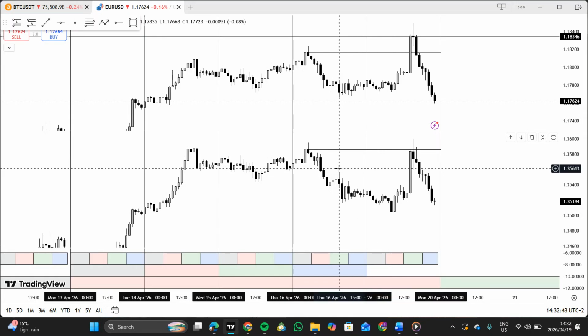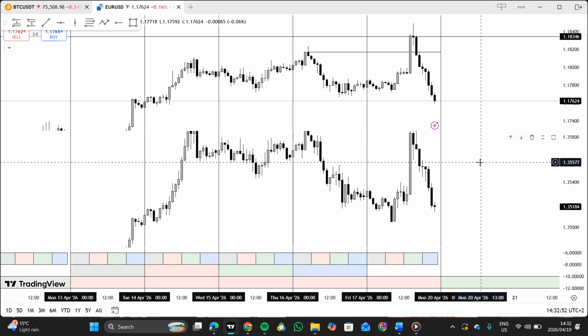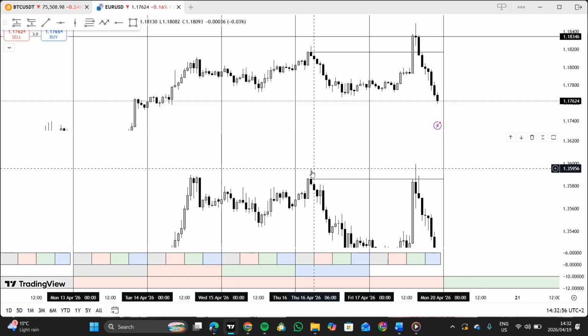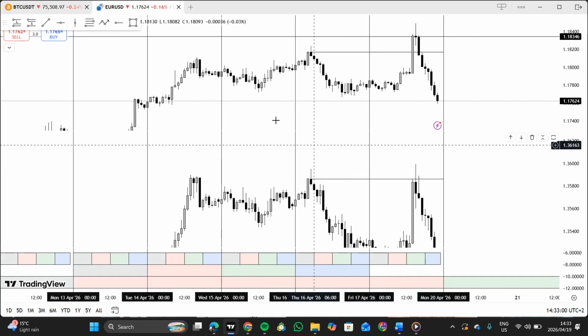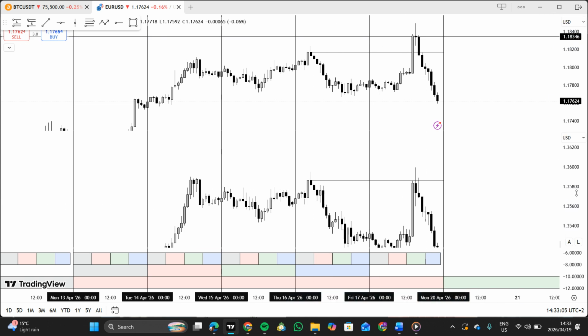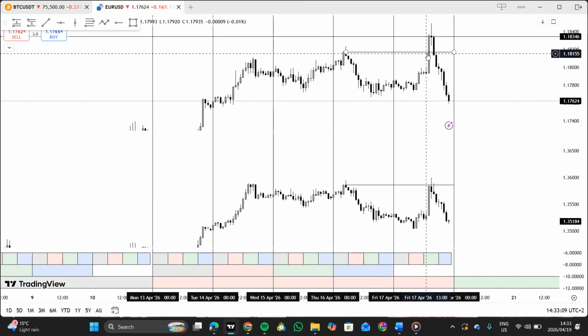It's not just sequential SMT, it's hidden sequential SMT, because you could not have seen this if you only marked out these highs. If you mark these highs, there was no sequential SMT between them because these highs were purged. So right over here we had what we call our weekly sequential SMT.